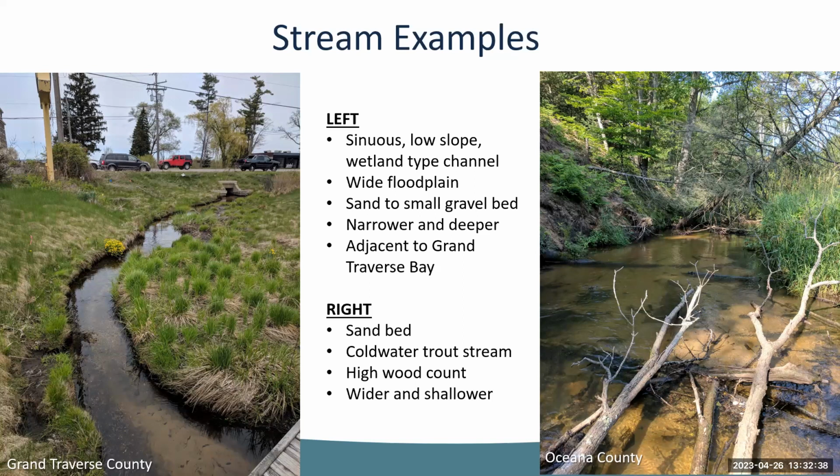It's a narrower and deeper channel, and this is in the low-lying area directly adjacent to Grand Traverse Bay. And then on the right, you have a larger stream. It's wider and shallower. It's got a pretty high wood count. It's a sand bed dominated stream, and this one is a cold water trout stream.